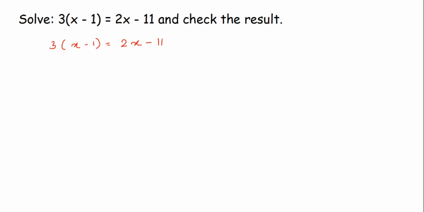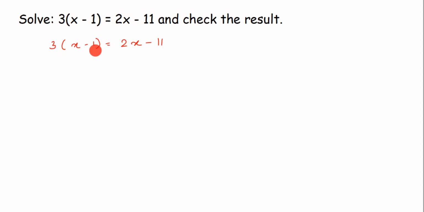Now how to solve this? You have to use the distributive property. What is the distributive property? You have to multiply each term inside the bracket by the term, number, or variable outside the bracket. Here we have 3. This 3 will get multiplied with each term inside the bracket.